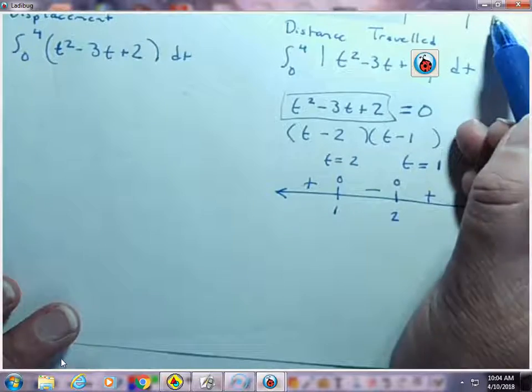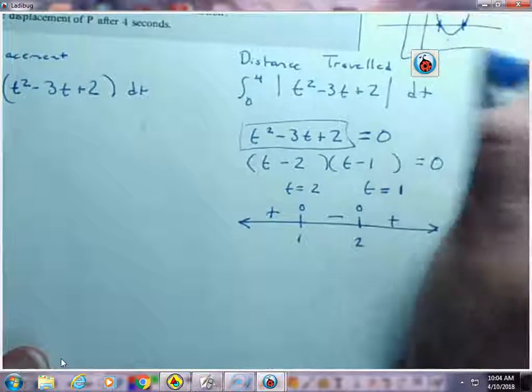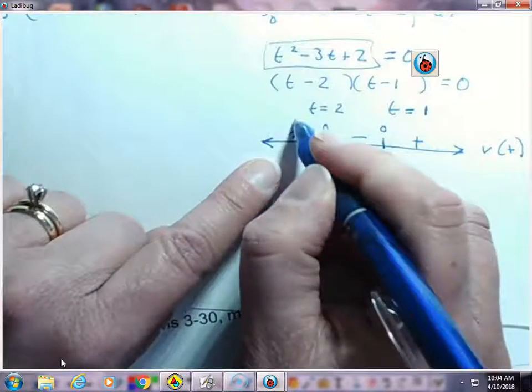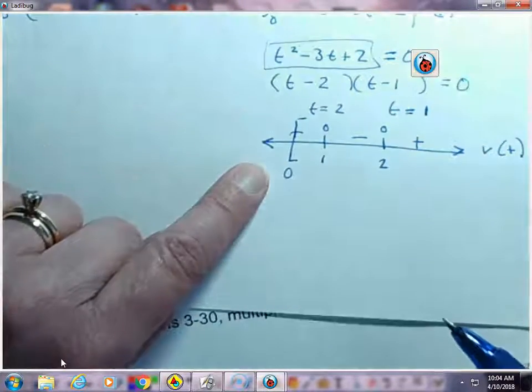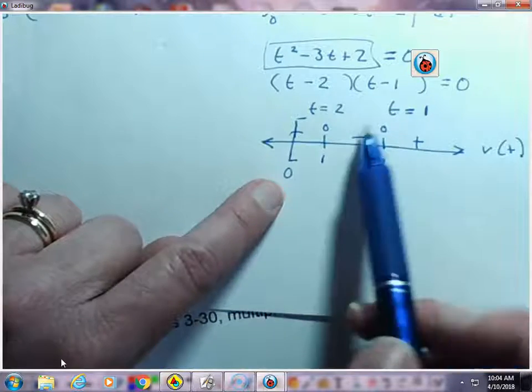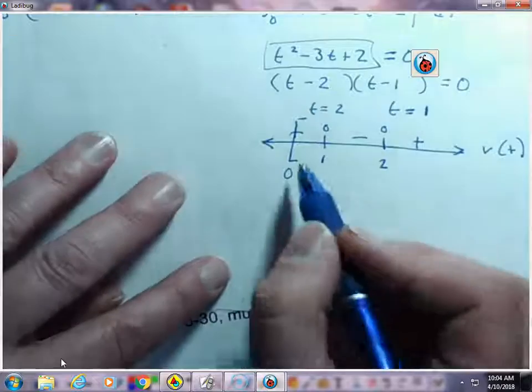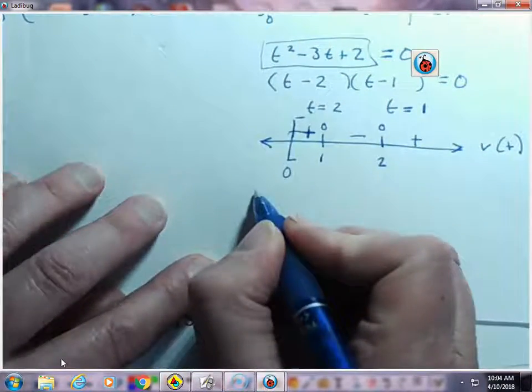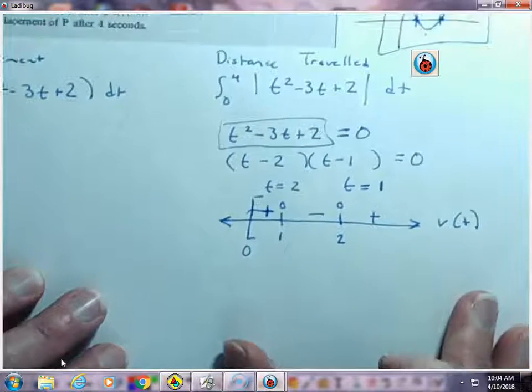So we actually kind of have a sketch now of this. Okay, but we don't really need it. Okay, now we know we don't care about this time that we're not doing. We don't have a TARDIS or anything. We're not going back in time. Okay, so we only care from 0 forward. So for this one, if I want to find the distance traveled, tell me what kind of integral I would set up.